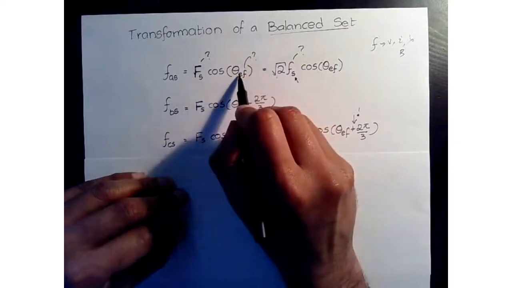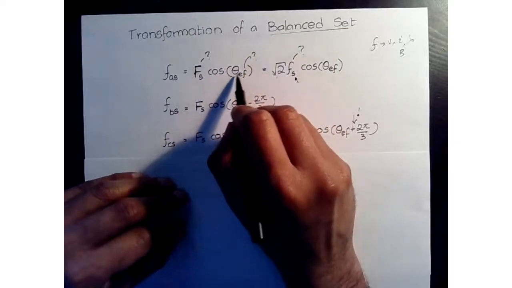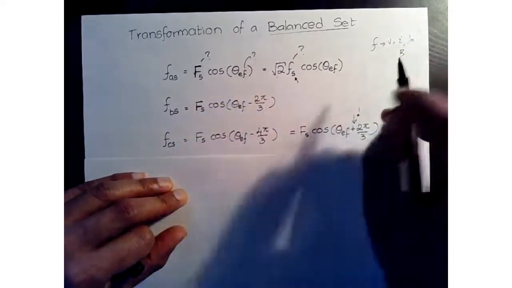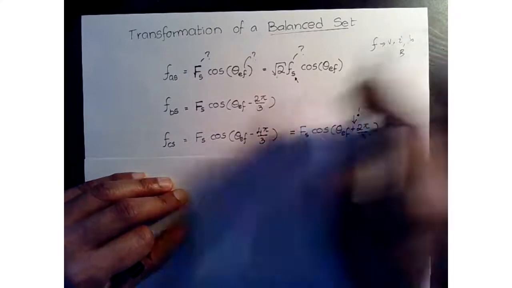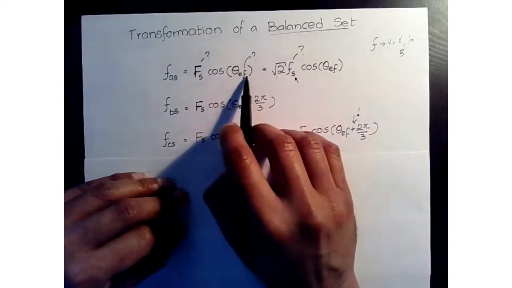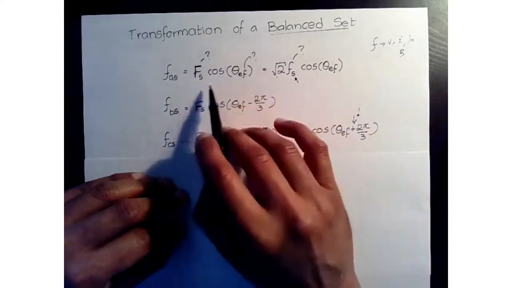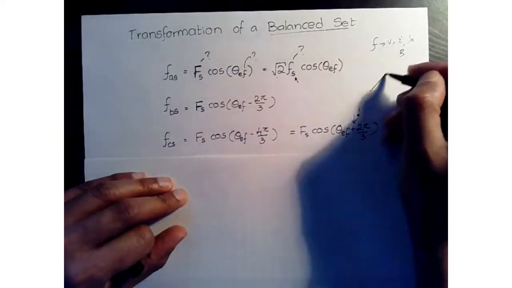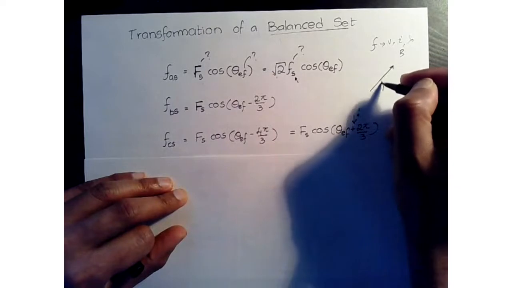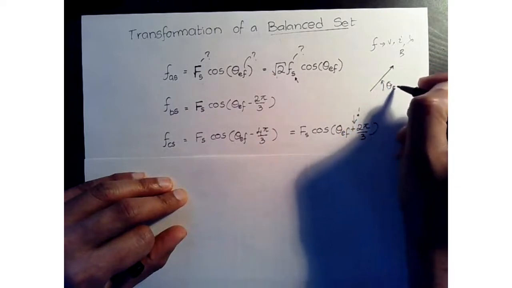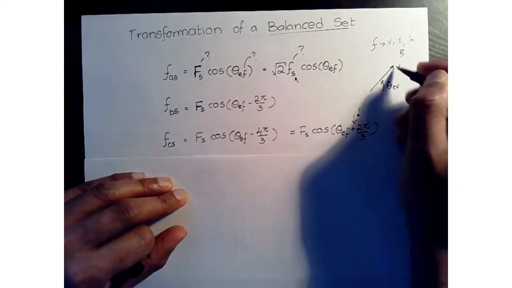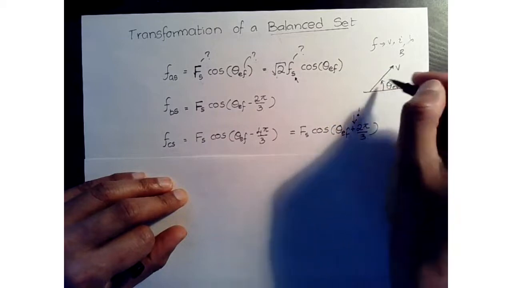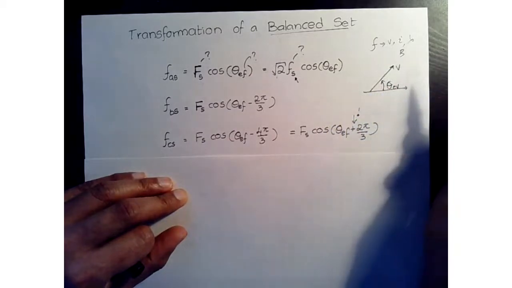I'm saying this is the electrical angle, theta E. F means the corresponding variable. If we chose to go with voltage, then this is going to be theta EV, which is the voltage angle, the vector position of that voltage at a given instant.